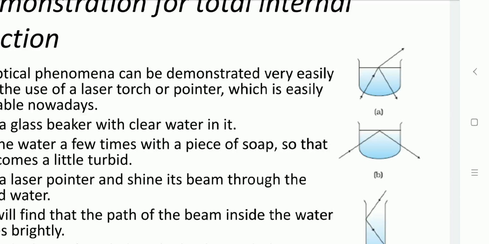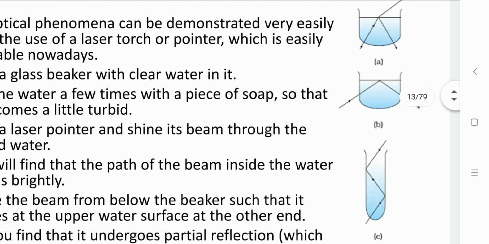Instead of the beaker you can also choose a test tube, and from the top of the test tube give the ray of light in such a manner that no refraction occurs and all the light propagates through total internal reflection in a zigzag pattern. So this is the total internal reflection pattern, and optical fiber works on this principle.